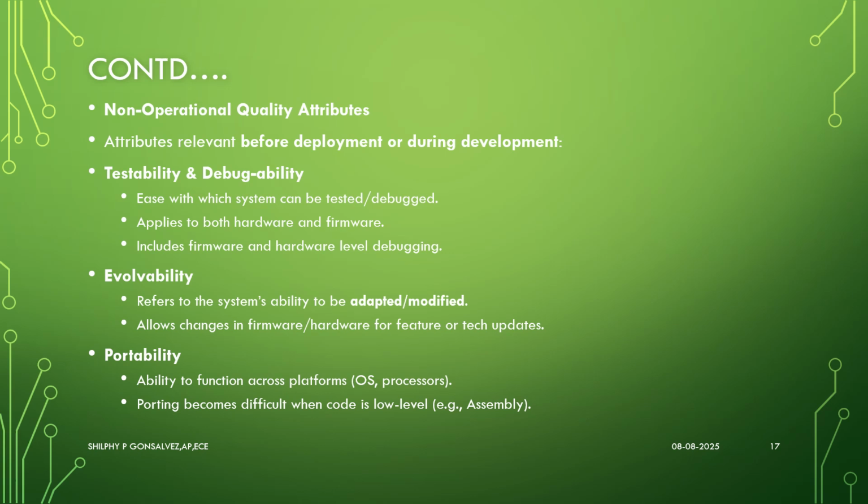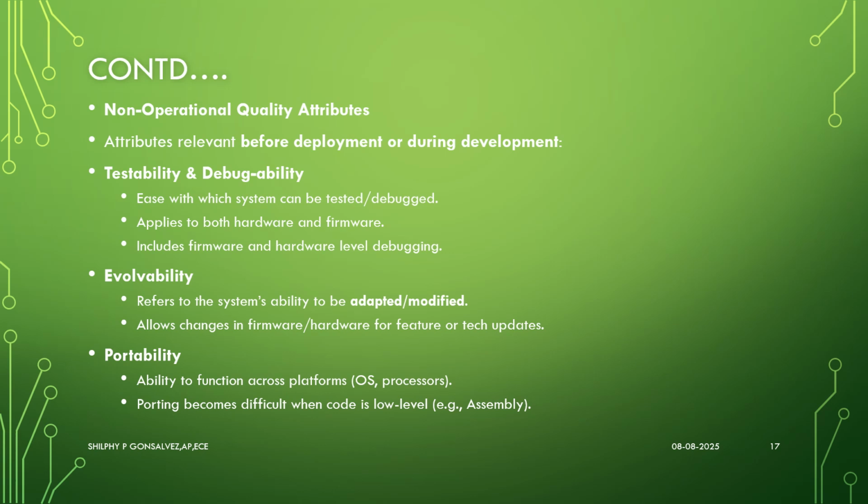Now, what are the non-operational quality attributes? These are the quality attributes that are relevant before deployment or during deployment or development. Deployment here means development time. So, what are those? Testability, debuggability, evolvability, portability. So, what is meant by testability?